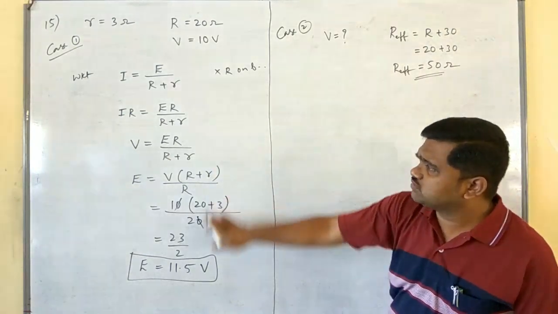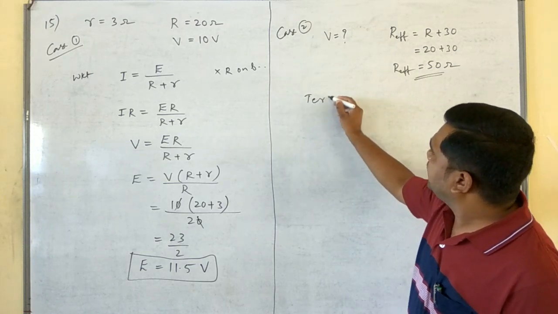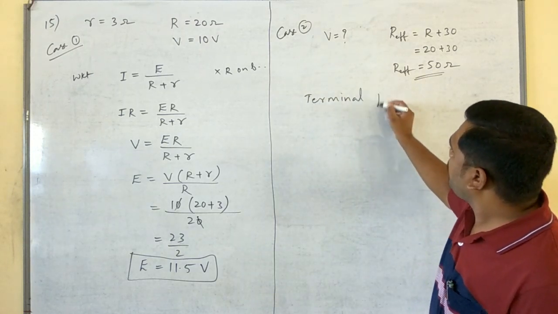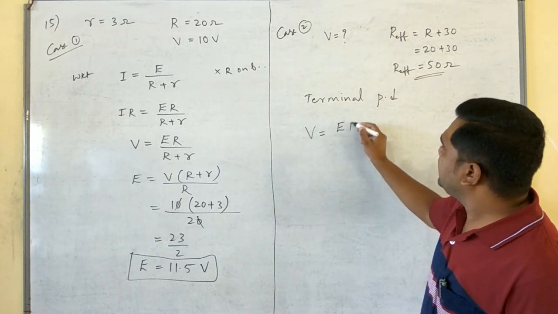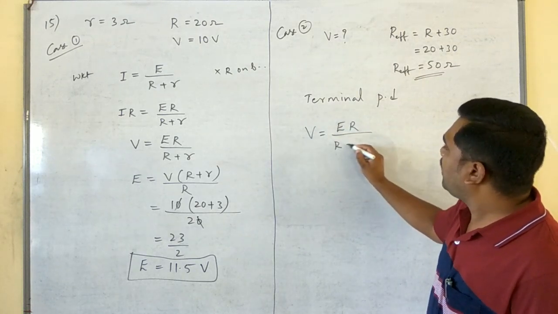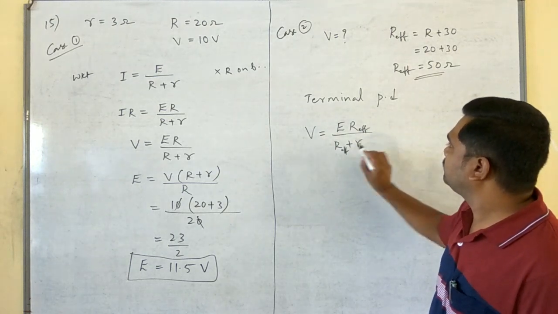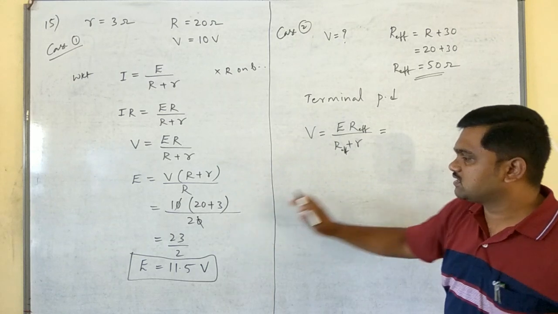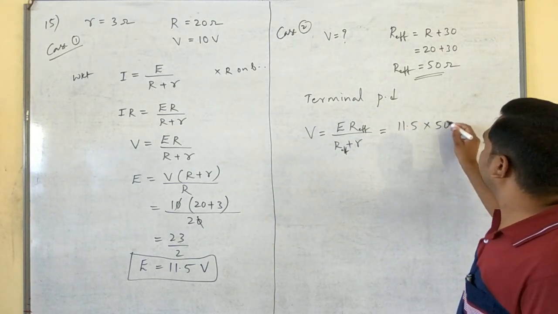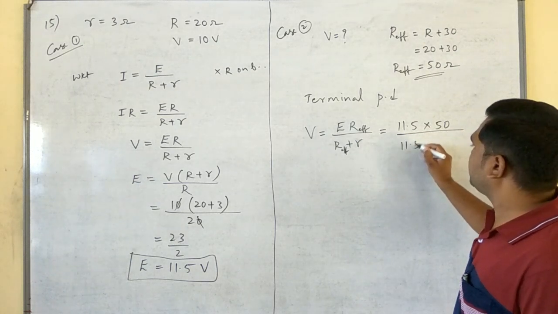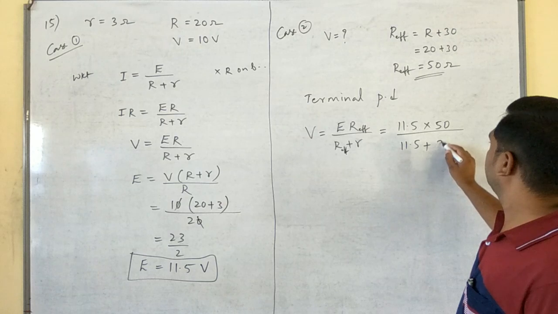So we can use the same formula. Case 2, terminal PD: V is equal to ER divided by R plus r. Here you have to use that R as R effective. E we just found, 11.5, R effective is 50, divided by 50 plus that small r, which is 3.